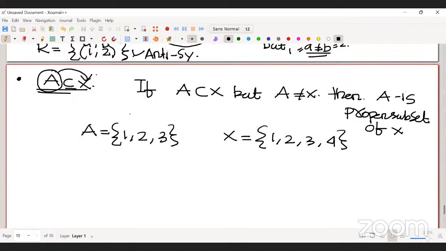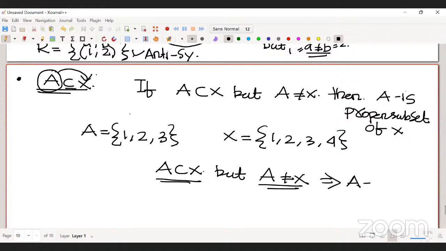Yes, subset. Next question, whether A is equal to X or not? No. So A is a subset of X, but A is not equal to X. That means A is a proper subset of X.